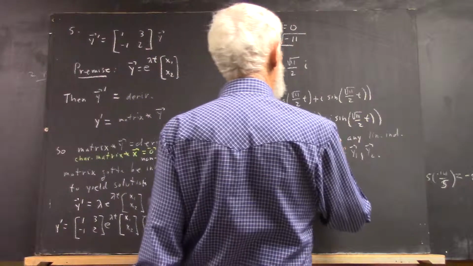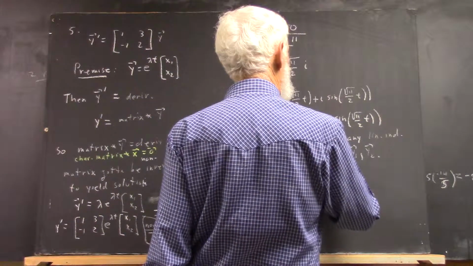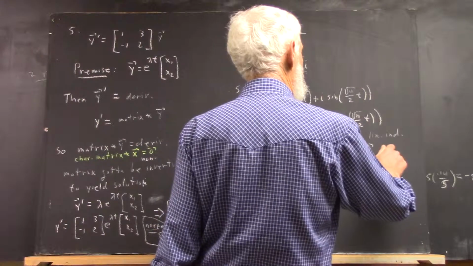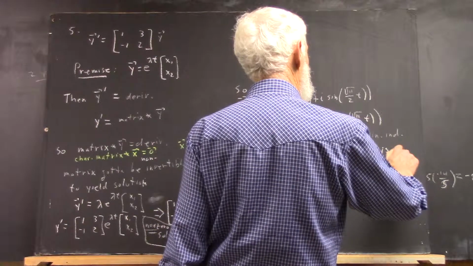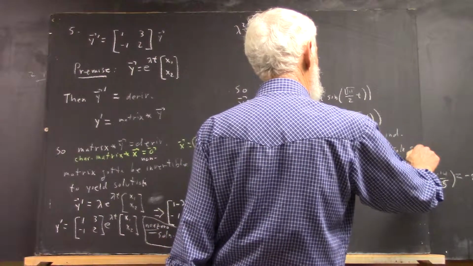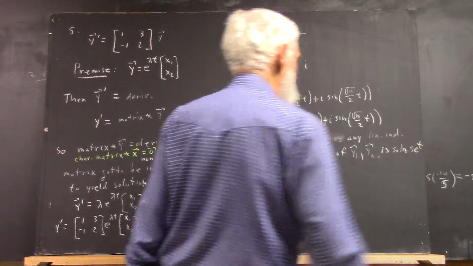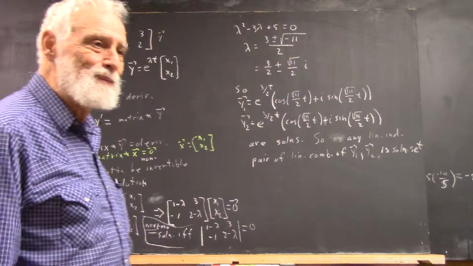My grammar's terrible. So any linearly independent pair of linear combinations is a solution set. How about that? Just make my statement literate.